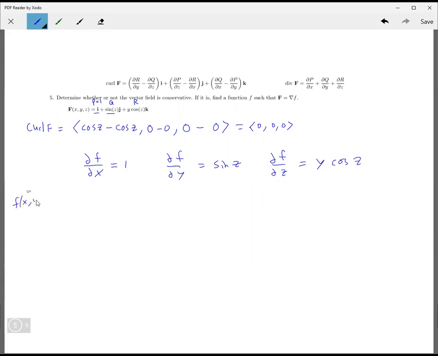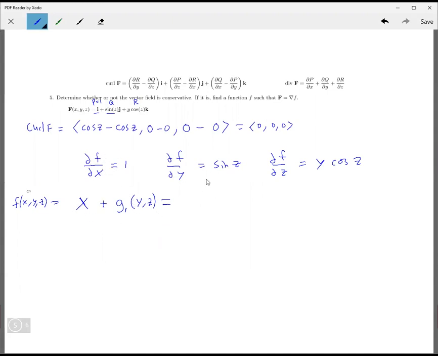So it's a function of x, y, and z. The partial of f with respect to x has to be 1, so it has to have an x in there, right? But also, you could have a function in y and z that shows up.